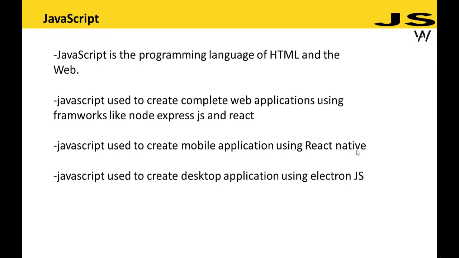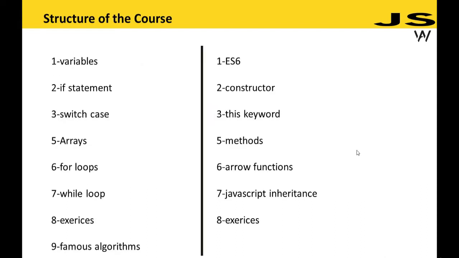So let's go to the structure of the course. First, on the left side are the basics of JavaScript. We're going to go through variables, if statements, conditions using switch case, arrays, for loops, while loops, and we will do many exercises to practice what we have learned.